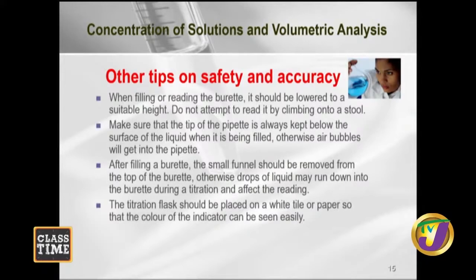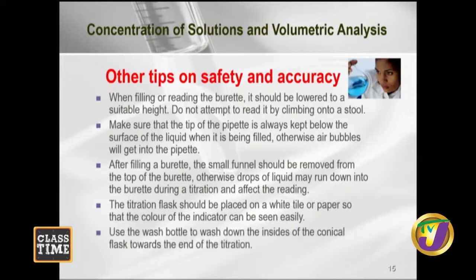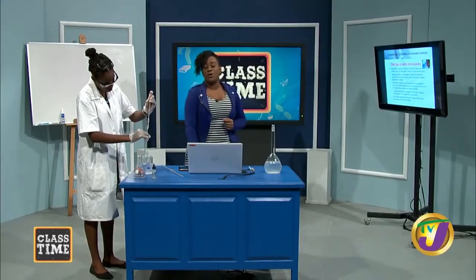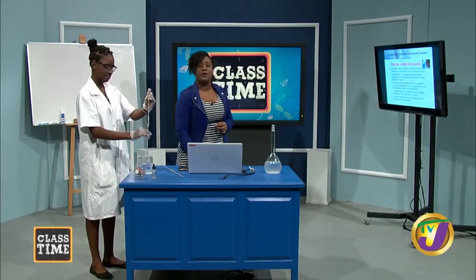Why do we need this? To see the color change. Sometimes we're using some indicators that will be pale or light in color, so we would need a white tile to show immediate color change when it is made. All right. So sometimes we need to use a wash bottle also to wash down the sides of the conical flask.